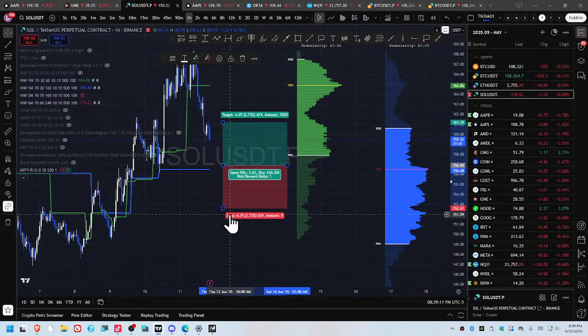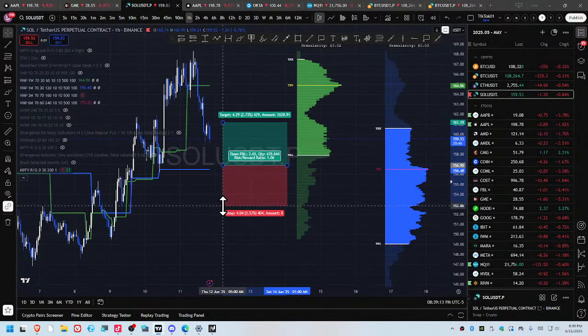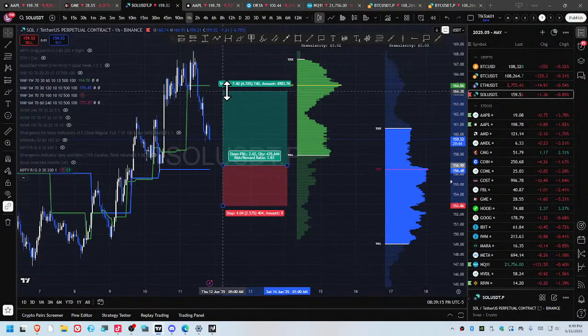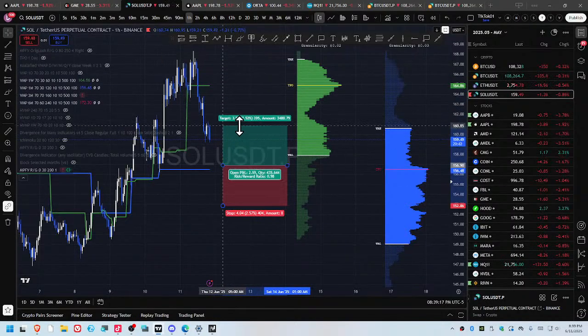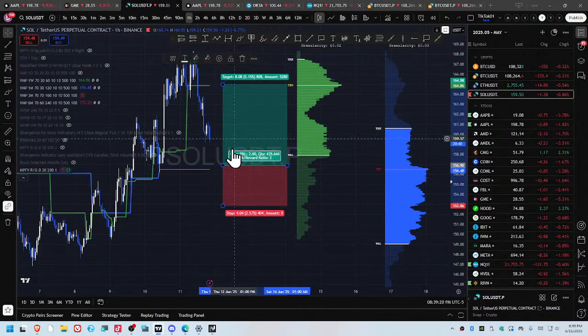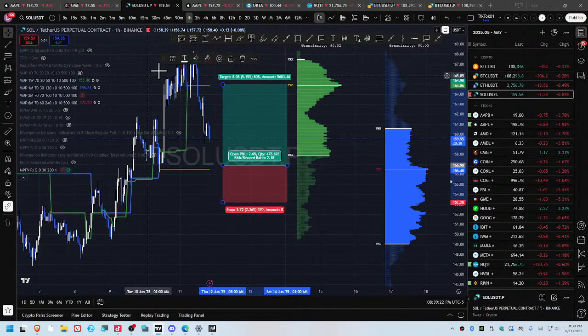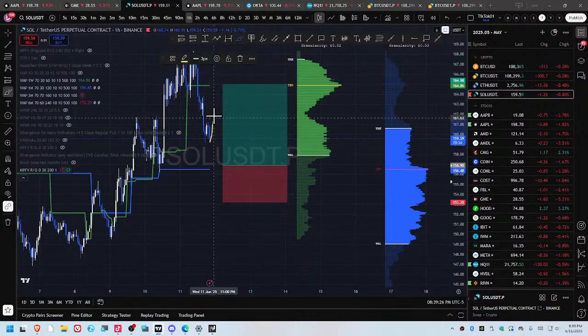If we do that, something like this, well, that's a 1-to-1, but maybe we want to see something like this play out, but I can't see it being a head and shoulders.